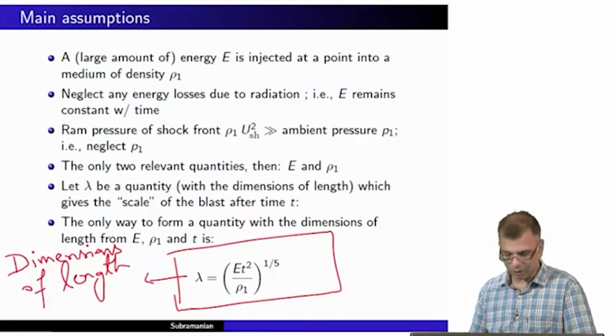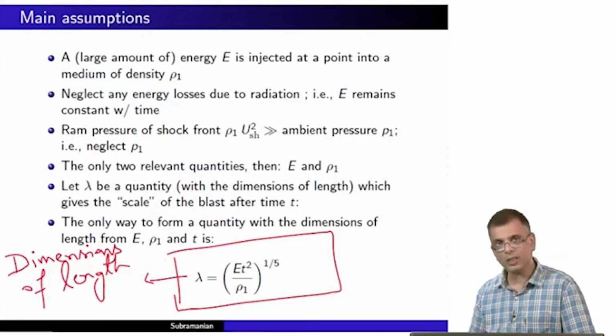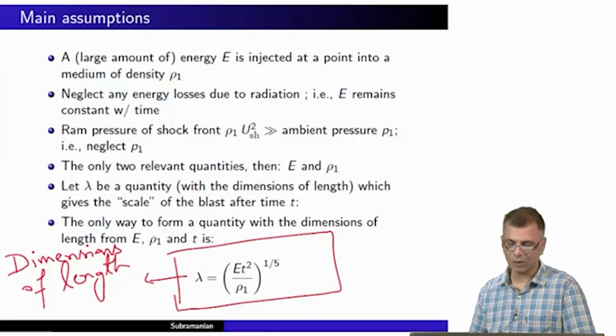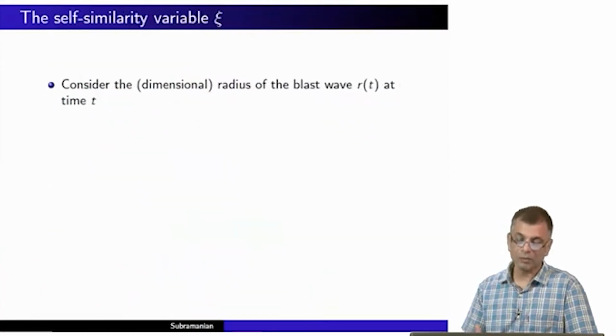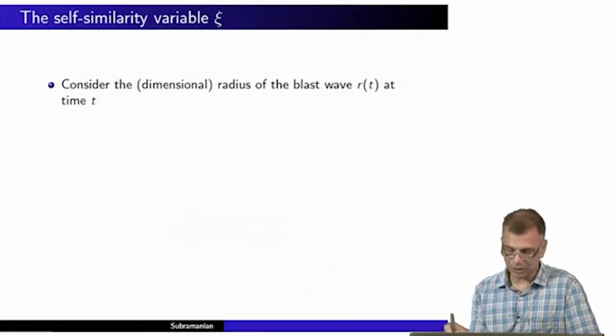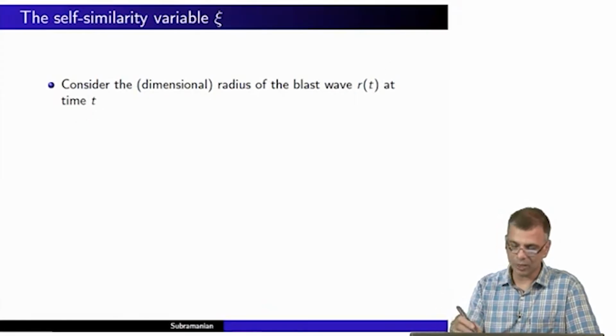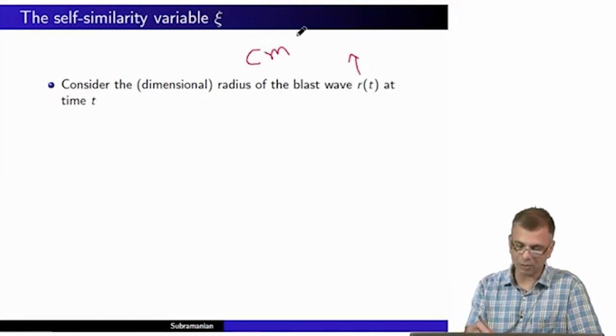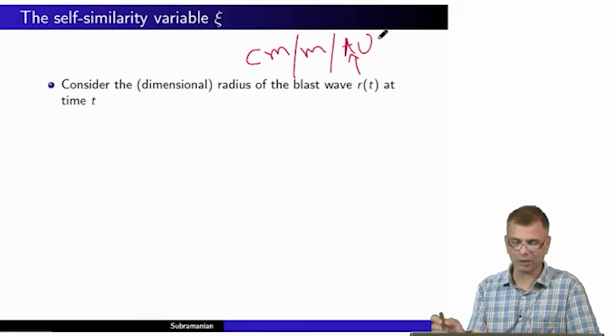Okay. Therefore, now how about a non-dimensionalized distance? So here consider the dimensional radius of the blast wave r(t) at time t. Say this would be so many centimeters or meters or astronomical units or whatever.